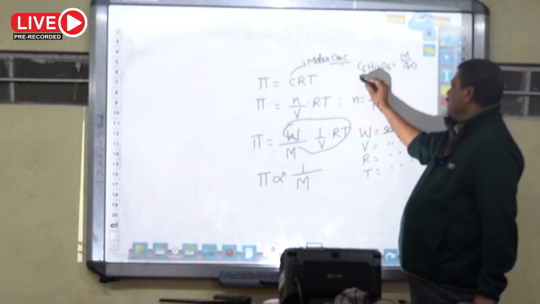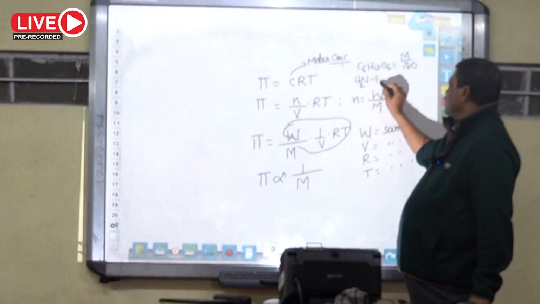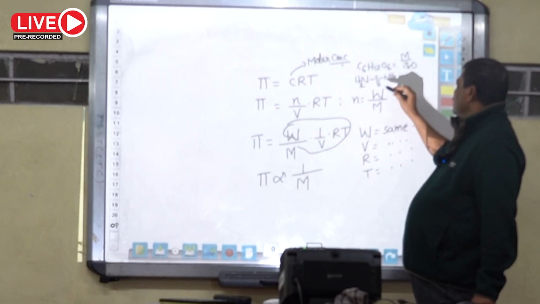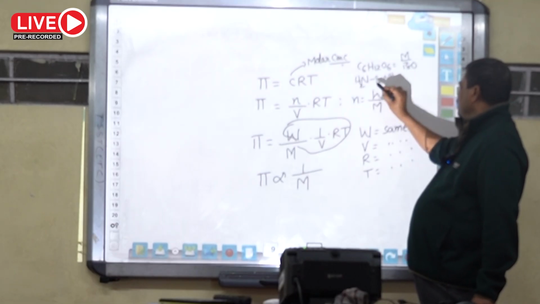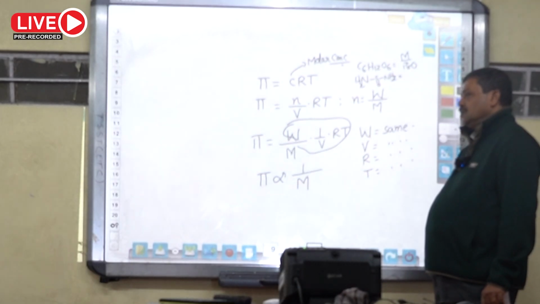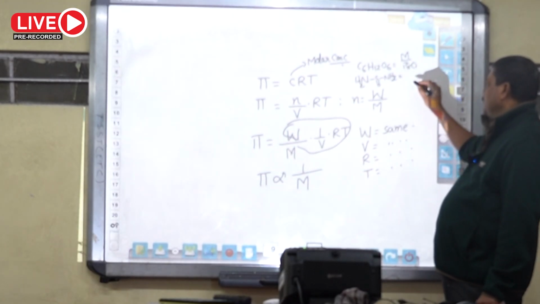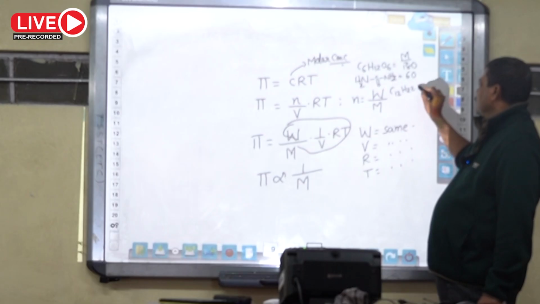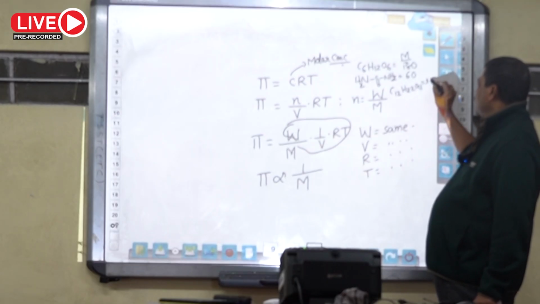Molecular weight of urea is equal to 60, I think. 4 plus 12, 16. 16 plus 28, 44 plus 16, 60. Molecular weight of sucrose, 342.